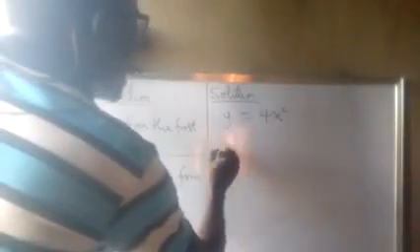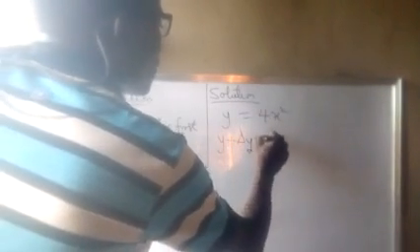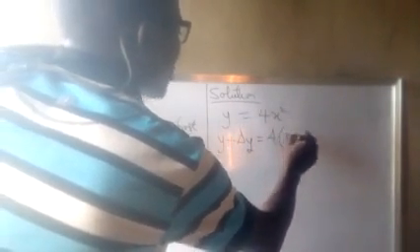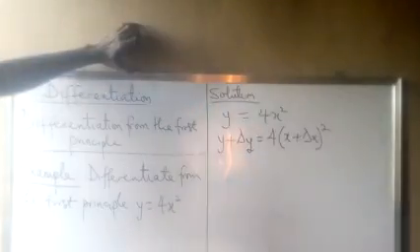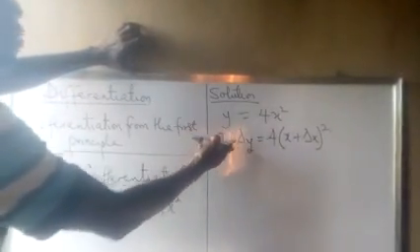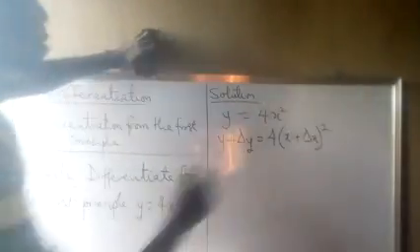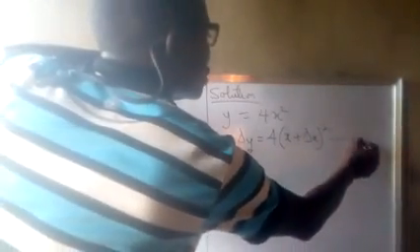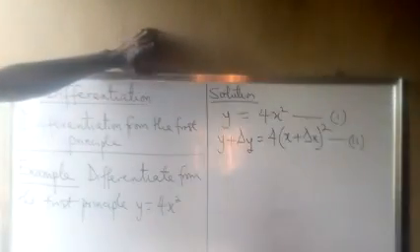That is, y plus delta y is equal to 4 into x plus delta x all squared. You observe here that wherever we see y, we added delta y. Wherever we see x, we added delta x. Now we can call this equation 2, while the original equation can be called equation 1.